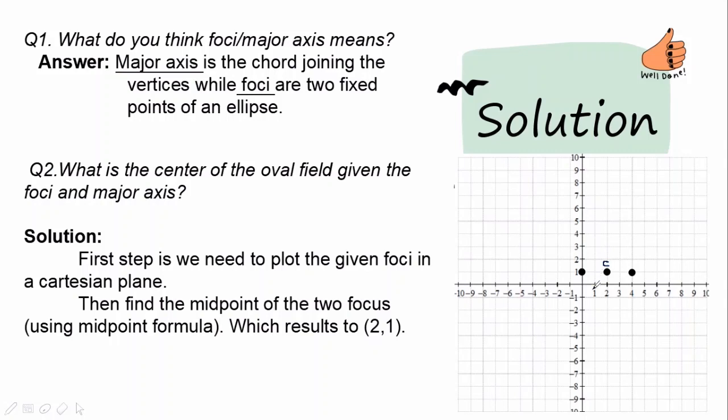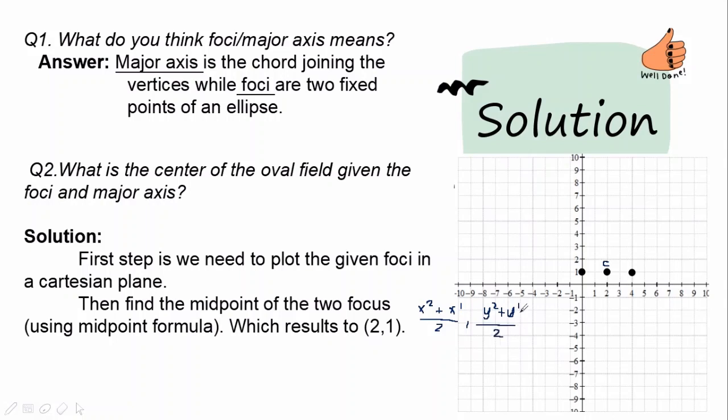If you can't plot the points, you can also use the midpoint formula, which I will just write. The midpoint formula is (x sub 2 plus x sub 1) all over 2, comma, (y sub 2 plus y sub 1) over 2.